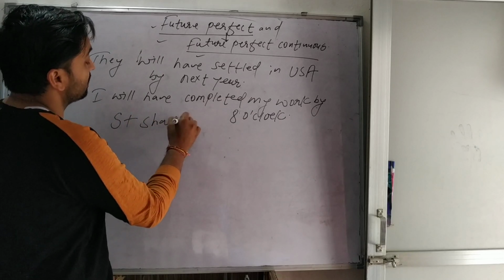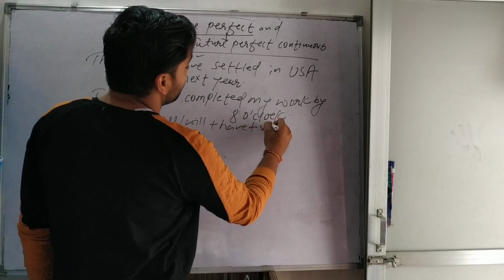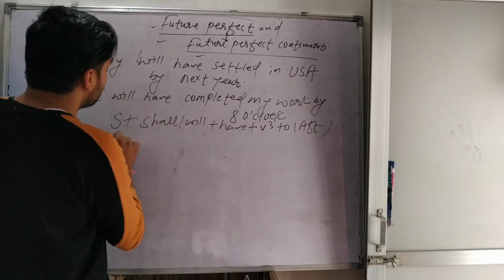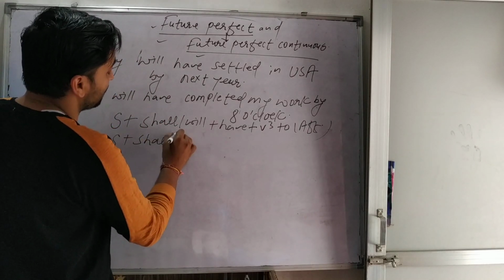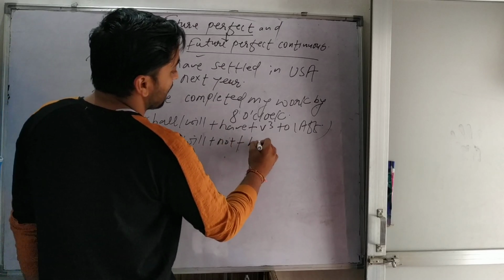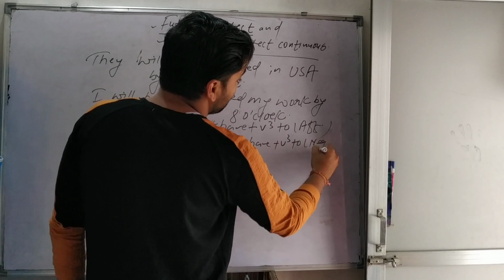Subject plus shall/will plus have plus be3 plus object. This is the affirmative one. Similarly, subject plus shall/will plus not plus have plus be3 plus object. This is the negative one.